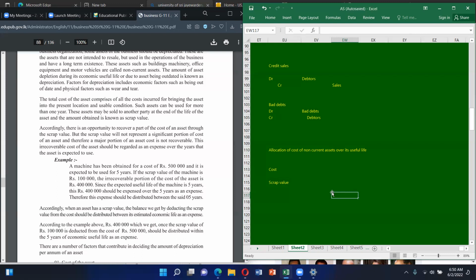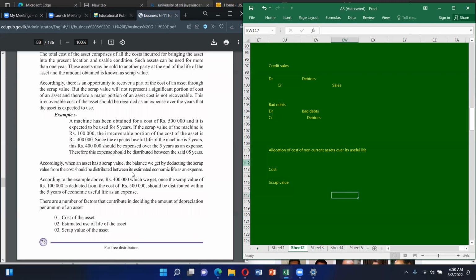Accordingly, when an asset has a scrap value, the balance we get by deducting the scrap value from the cost should be distributed over its estimated economic life as expense. According to the example above, the 400,000 we get once the scrap value of 100,000 is deducted from the cost of 500,000 should be distributed within the 5 years of economic useful life as an expense.